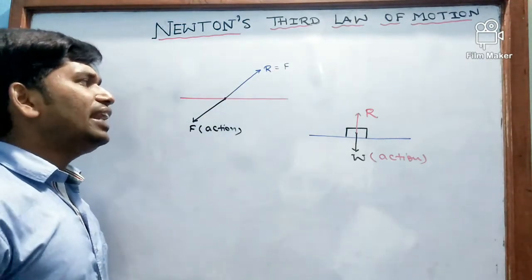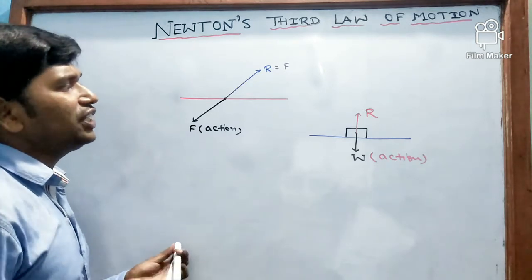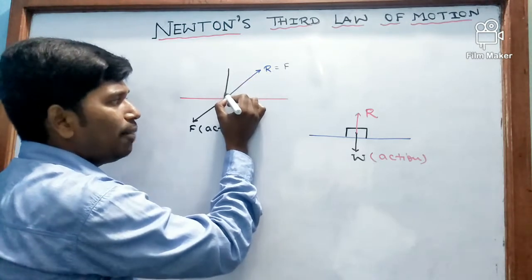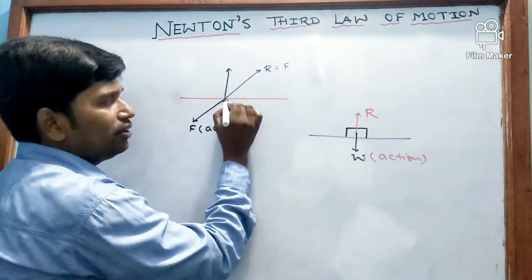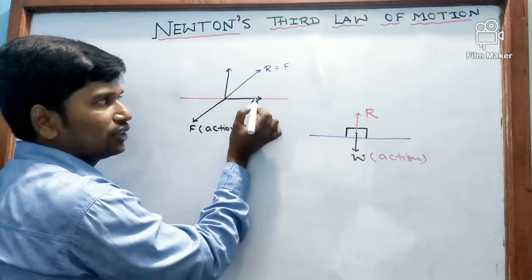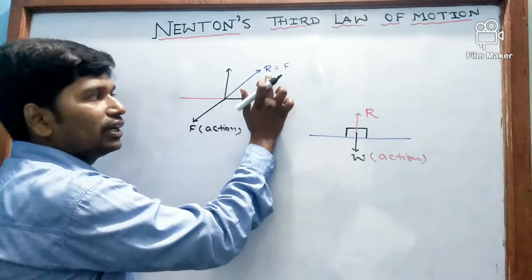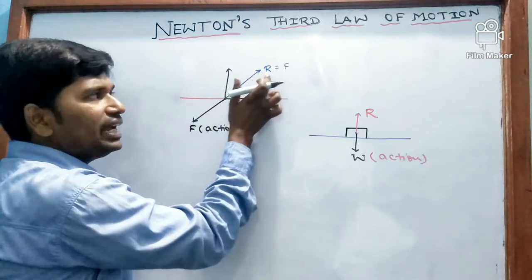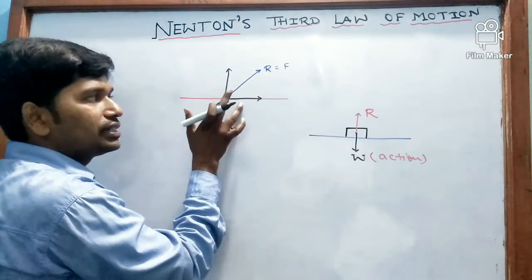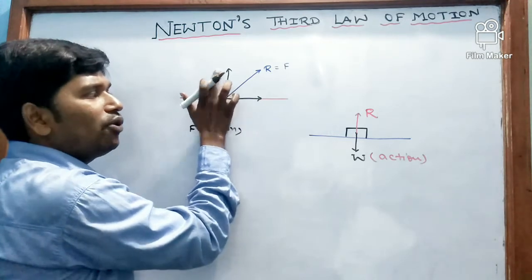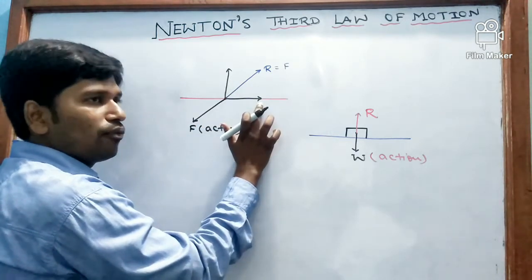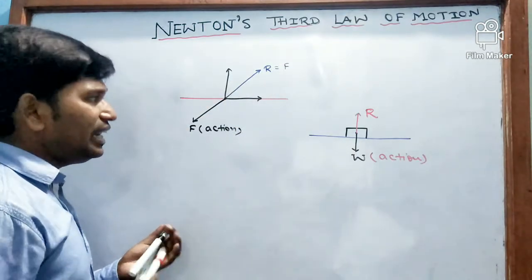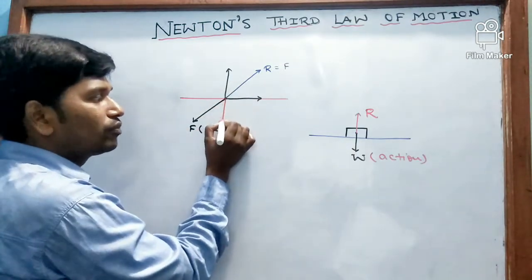Now we can resolve this reaction force into two components, one vertically upward and one in the horizontal direction. I break this reaction into two components, one vertically upward and another forward. This vertical component balances the weight of the body.